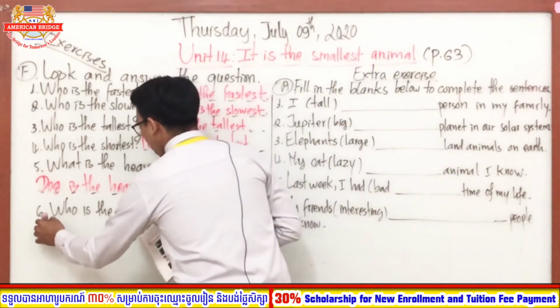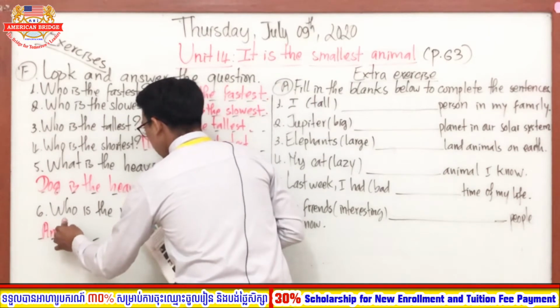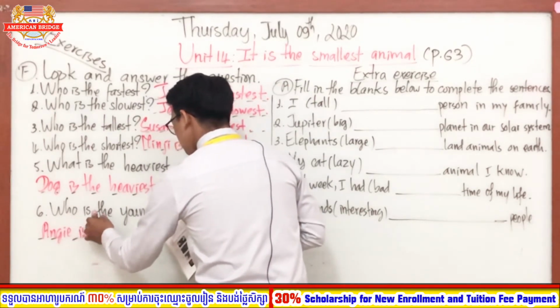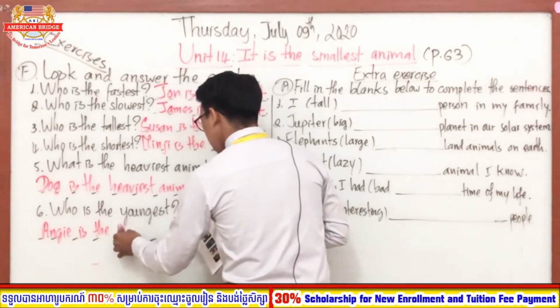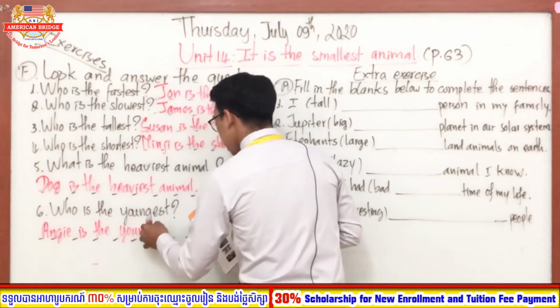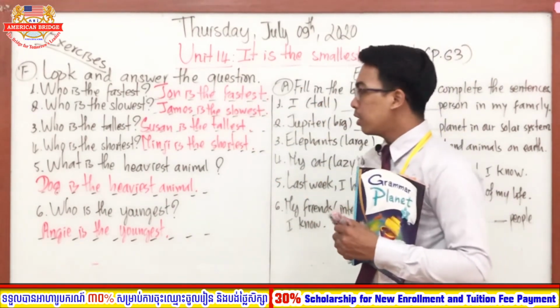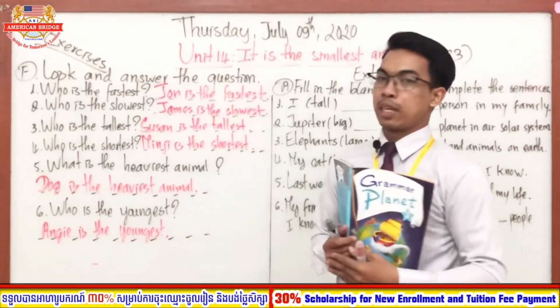So you can write Angel is the youngest. Very good. So Angel is the youngest.